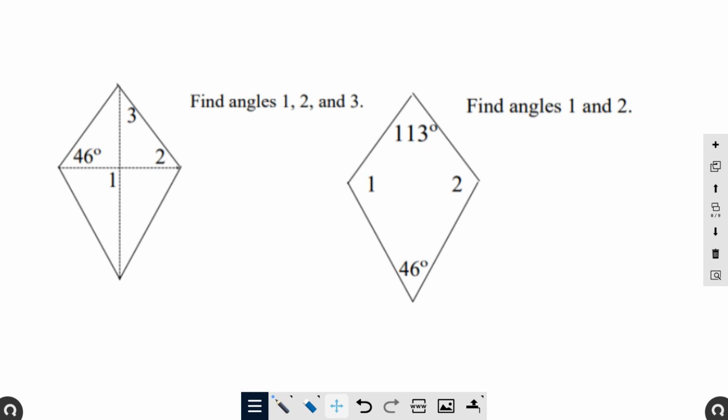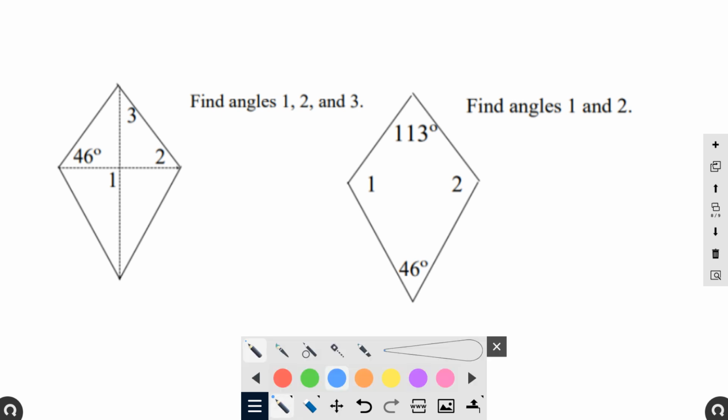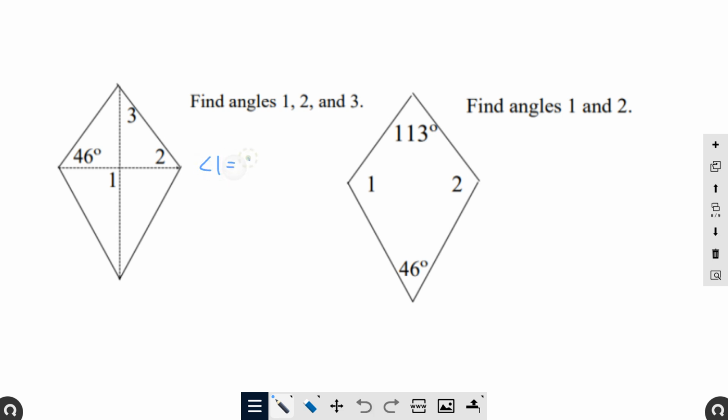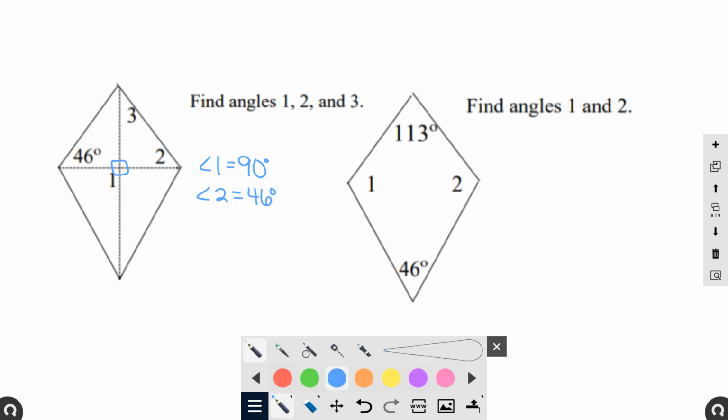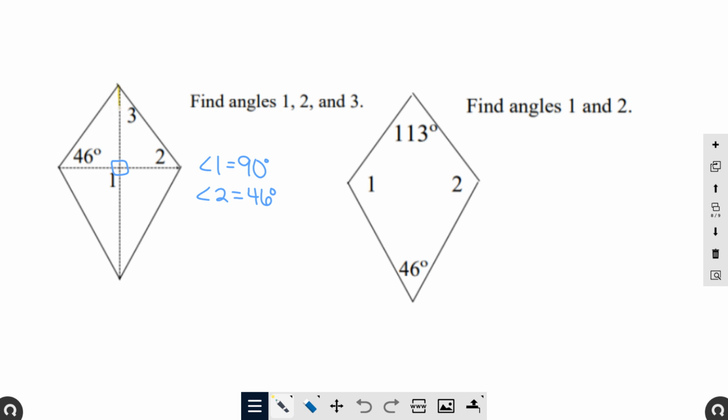All right, so here we go. What do you know about angle 1? It's 90 degrees because those diagonals are perpendicular. So all of those in there are 90 degrees. Done. Next one we should easily find is angle 2. 46 because that's right.